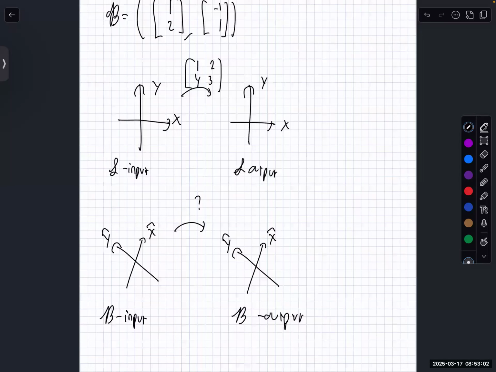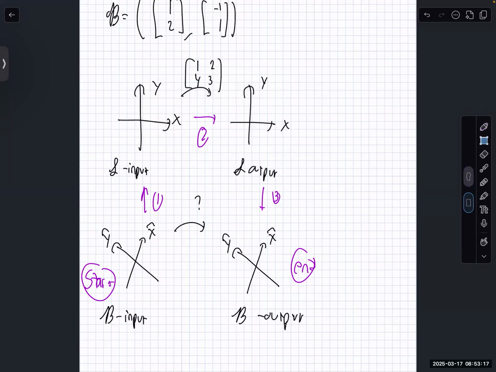So once again, start here, end there, make it a 3-step process.